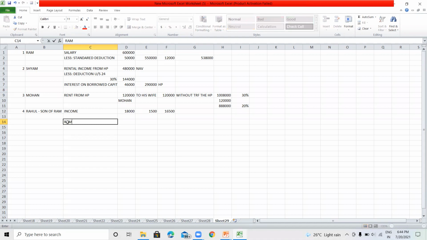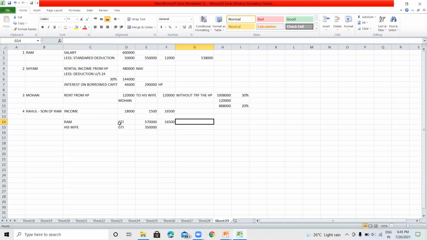The gross total income of Ram before adding such 18,000 is, for example, 5,70,000, and the income of his wife is, for example, 3,50,000 only. So such 18,000, after the provided reduction, is 16,500, and it will be added in the income of Ram.